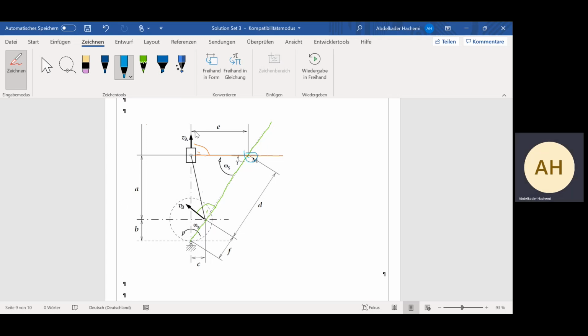Then we have this distance A, and we can measure, by reading off, this distance D and A.